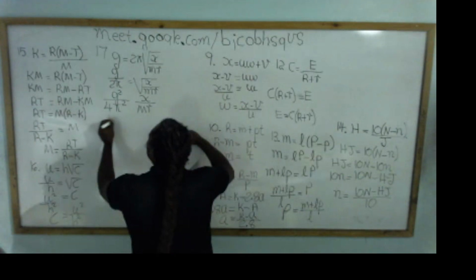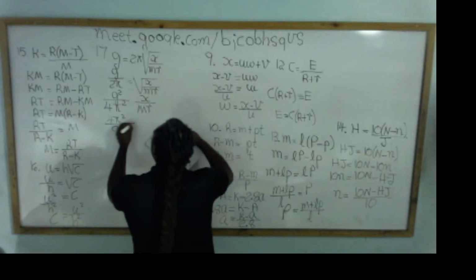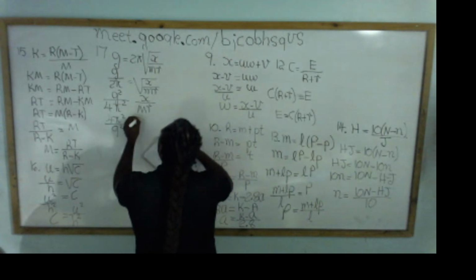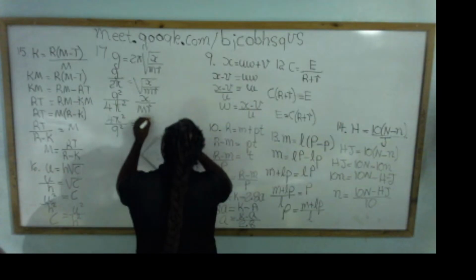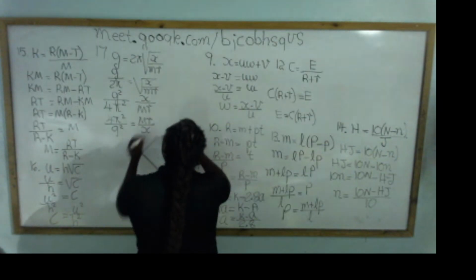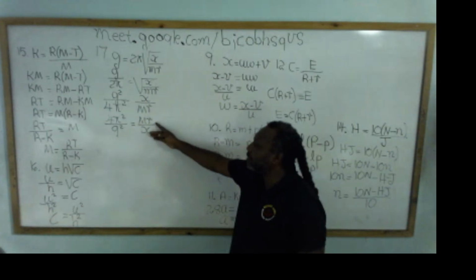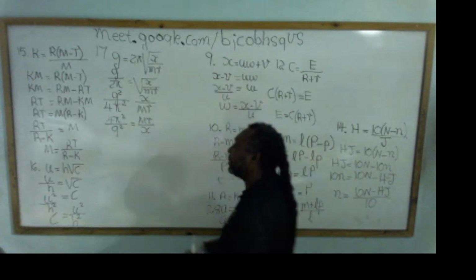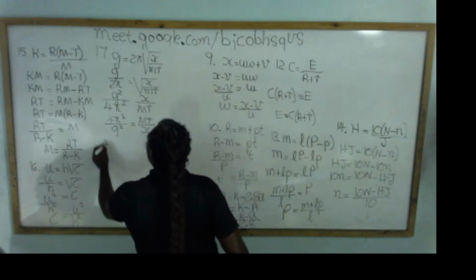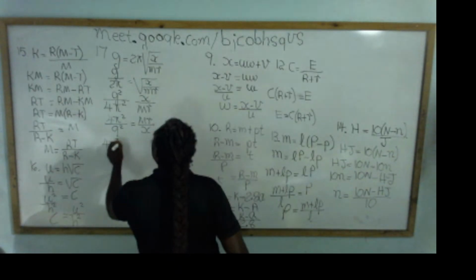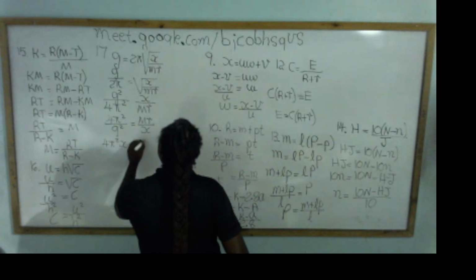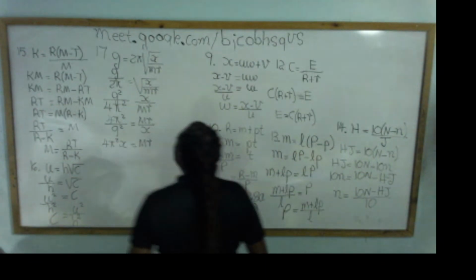4 pi squared over g squared is equal to what? mr over x. And we'll eliminate now the x that is being divided, which is least related to the proposed subject. We'll eliminate that x by multiplication. 4 pi squared x is equal to mr. Then we will eliminate the r.